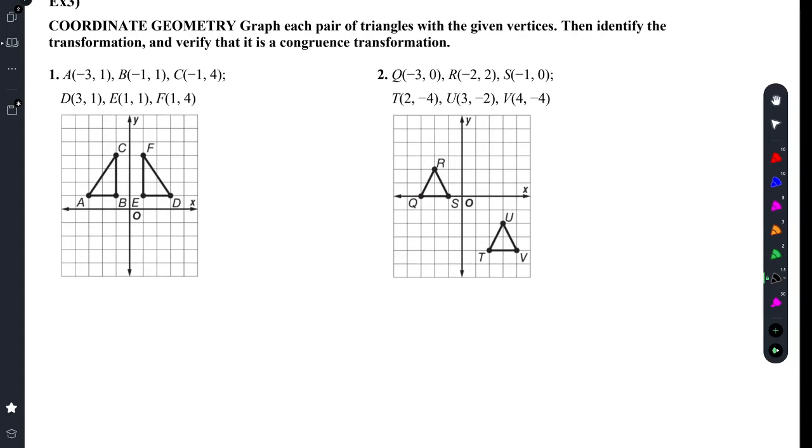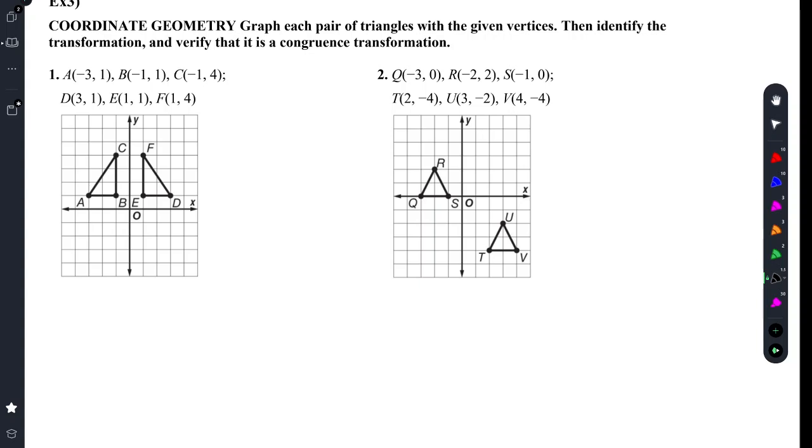What's this next one? Could it be a rotation? If these were equal, then yes, it could have possibly been a rotation. But since this is 3 and this is 2, no, it's not going to work, right? All right. So that's definitely a reflection, right?